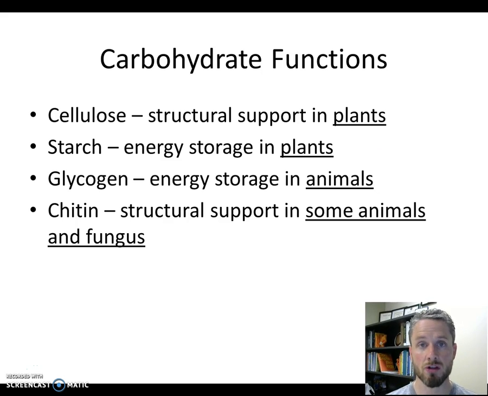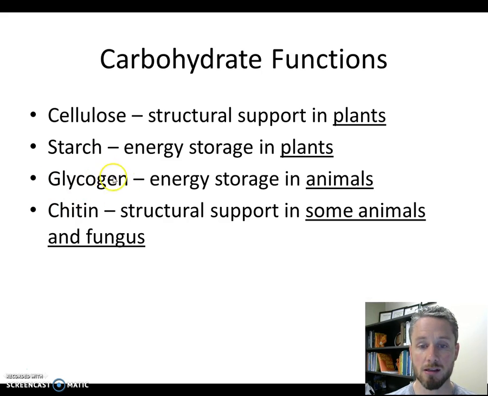Potatoes are full of starch because the plant made all this extra energy and stored it in the potato. It was going to use it later, but we'll often dig up the potato and eat the starch ourselves because it's a good source of energy. All right, so we've got cellulose and starch. Those are plant-specific. Structure, cellulose, energy storage, starch.